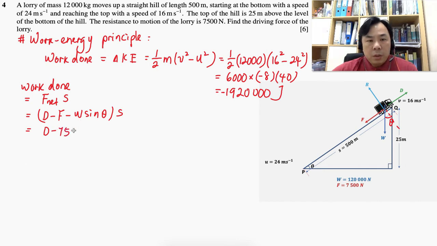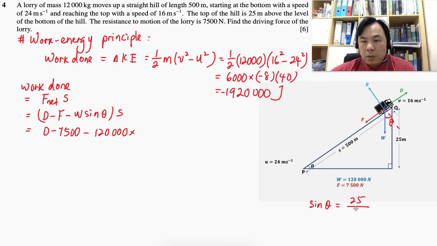So we knew about the resistive force, which is 7,500, and then the weight is 120,000 by the sine. The sine theta is actually given by 25 over 500, so that is typically 1 over 20. So we're going to write it down as 1 over 20.